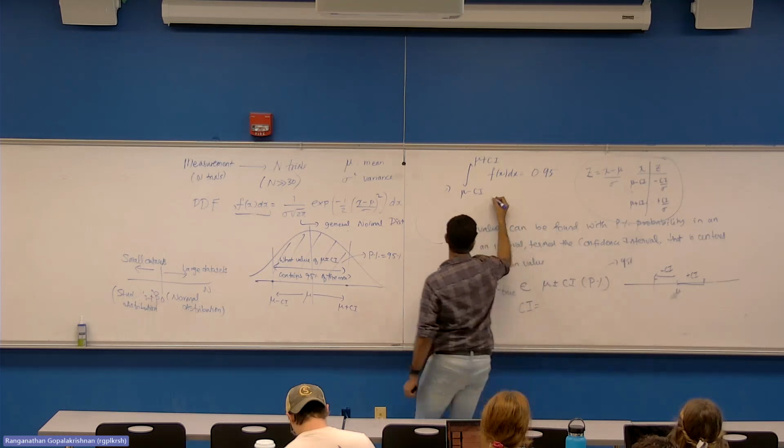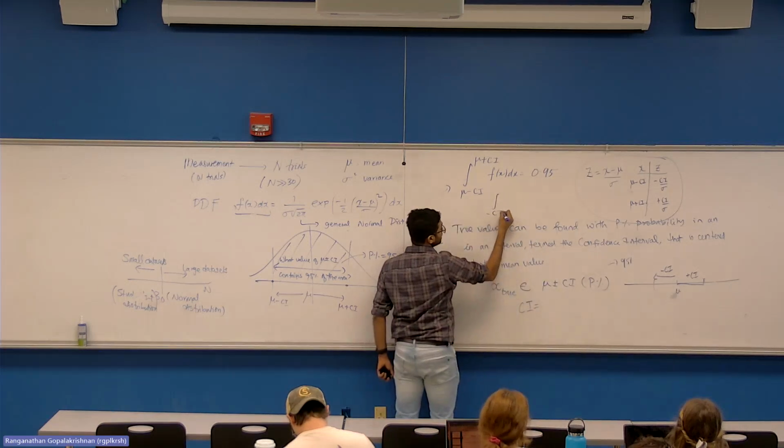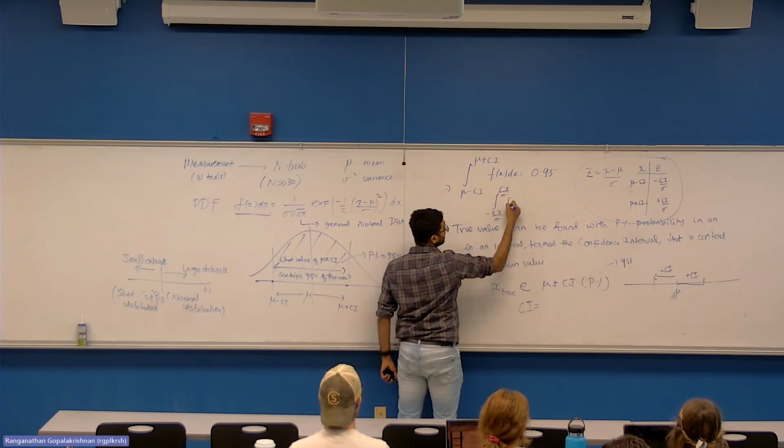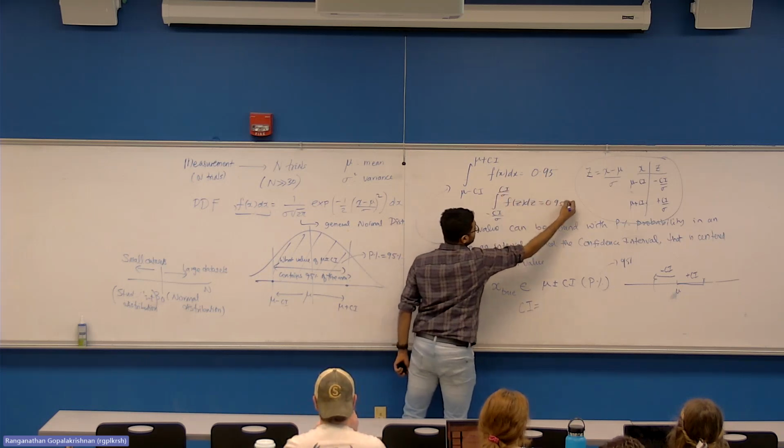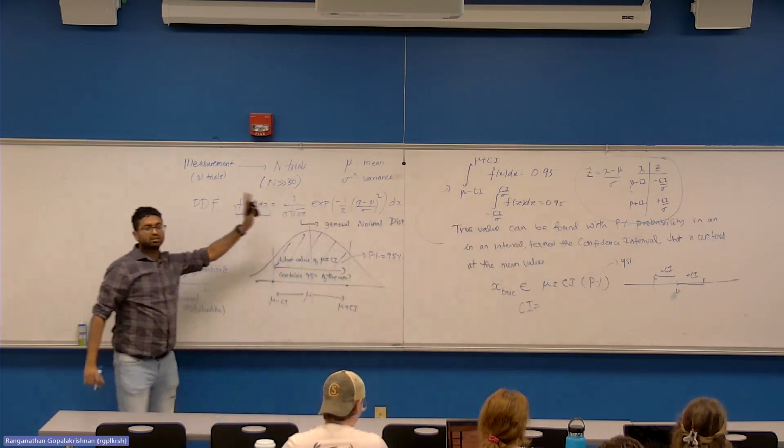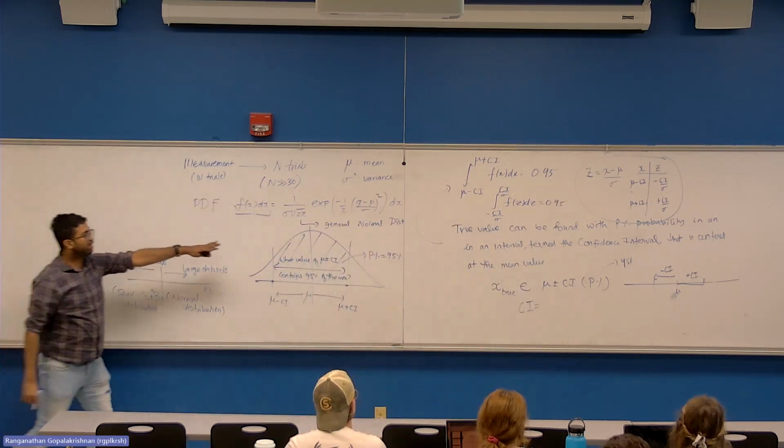So this is like saying the integral from minus Ci divided by sigma to plus Ci divided by sigma of f of z dz equals 0.95. Take a minute and tell me if this step makes sense.